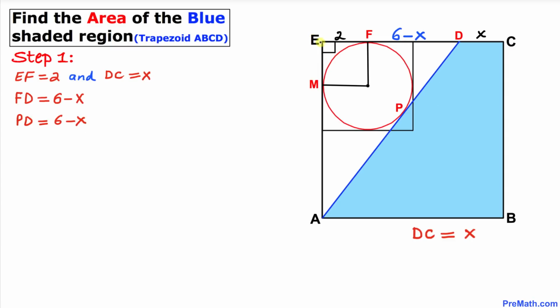And now let's focus on this EM. We know that this is 2 units as well. So the length AM is going to be, since the total side length of this larger square is 8, simply 8 minus 2, which is 6. So our MA value is 6.